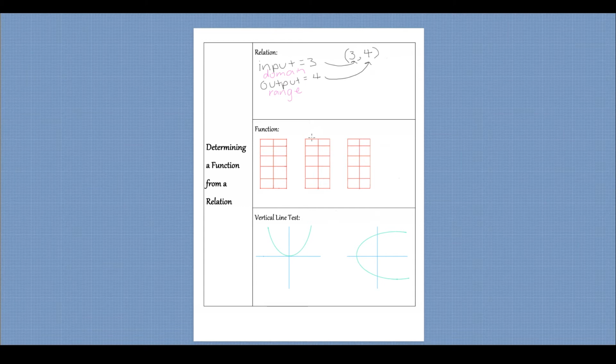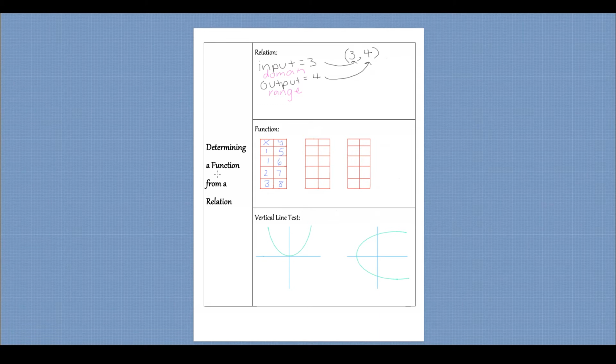Let's say we had the x value and the y value in the table, and let's assign these random numbers. So this is going to be our table of our relation. To know whether a relation is also considered a function, from a data table you would have to look at the x side, the input of the function.